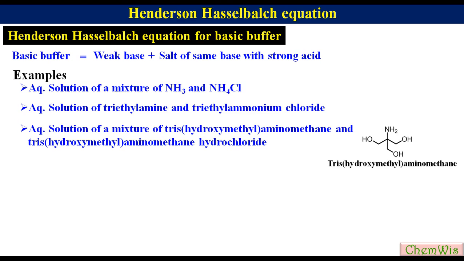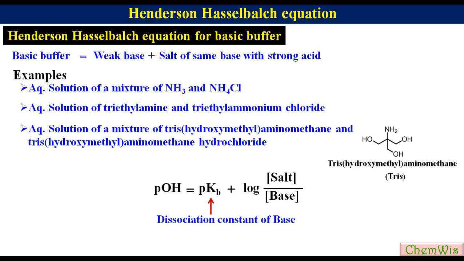This is the structure of tris hydroxymethyl aminomethane. In short form, people call it tris. We can calculate the pOH of the basic buffer by Henderson-Hasselbalch equation, which is pOH is equal to pKb plus log molar concentration of salt upon molar concentration of base, where Kb is the dissociation constant of the base.